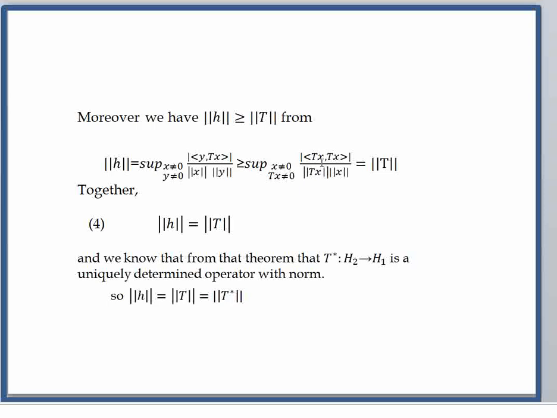From here, the inner product will become the square of the norm of Tx, and this square will be cancelled out with the norm of Tx. Here it will remain norm of Tx over norm of x, which is equal to norm of T by definition of norm. So by combining this and this, norm of h is equal to norm of T.